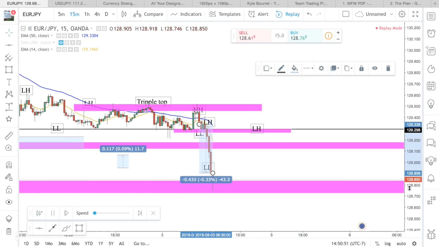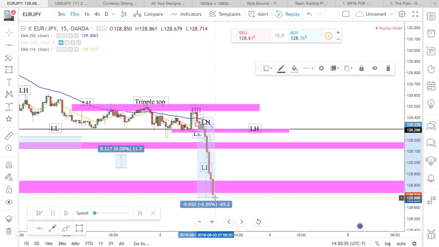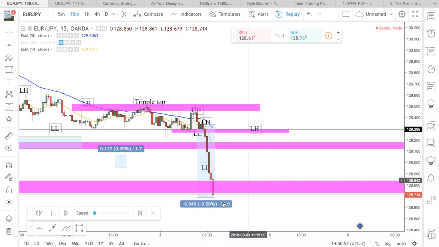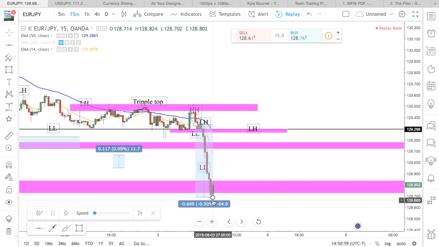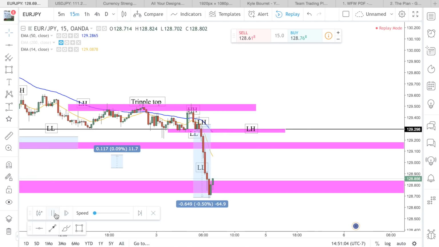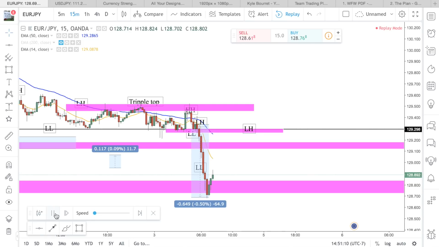Does it ever stop? Finally a 2-hour zone and still not done. So in a total of 45 minutes, we're at 64 pips. Let's just pause it for a second. 64 pips.